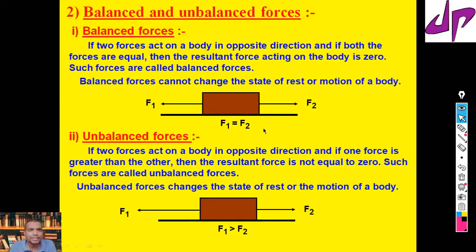We define balanced force like this: in this diagram, F1 is a force in the backward direction and F2 is a force in the forward direction, and these two forces are equal. You can see the length, the size of the arrow marks, are equal and they point in opposite directions.